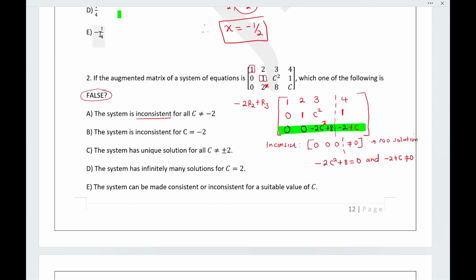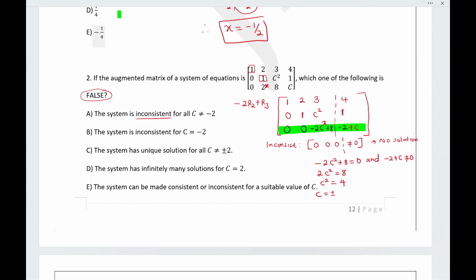So here you can solve this. This is going to be 2C squared equals 8. So C squared is equal to 4. So C is plus or minus 2.